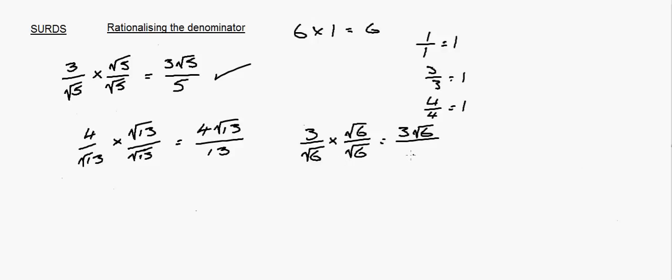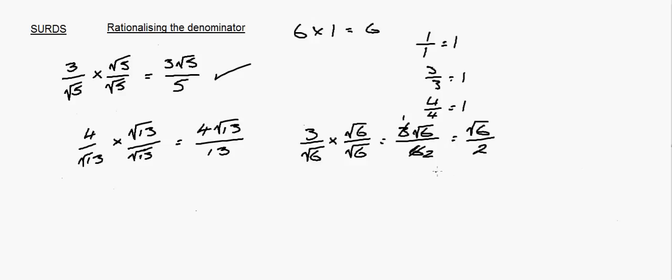Root 6 multiplied by root 6 is 6. Now the root 6 and 6 can't cancel, but these two whole numbers can. So 3 will go into 3 once and 3 will go into 6 twice. So once times root 6 is just root 6, and this will be over 2. So we've rationalised the denominator and we've also taken it to its simplest form.